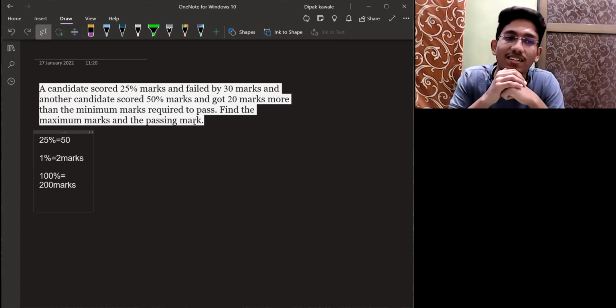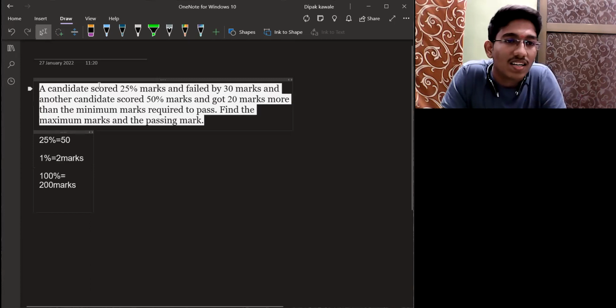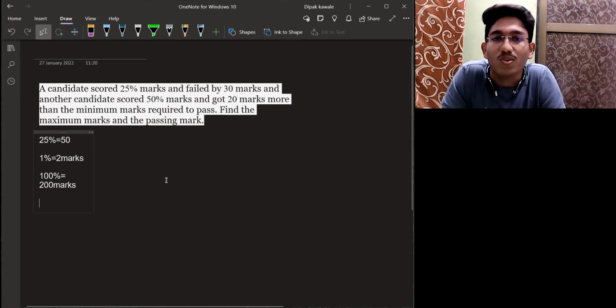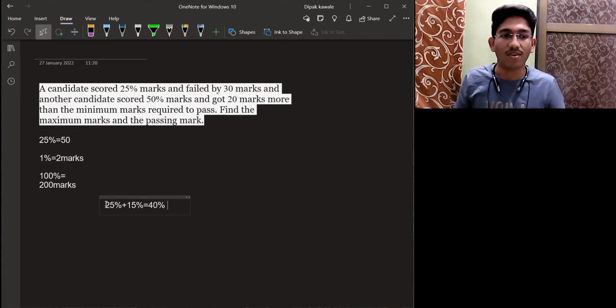This is also simple, guys. How to find the minimum marks? A candidate scored 25% marks and failed by 30 marks. 30 marks in terms of percentage: if we divide by 2, because 1% is equal to 2 marks, 30 divided by 2 is 15%. So 25% plus 15% is nothing but our 40%.